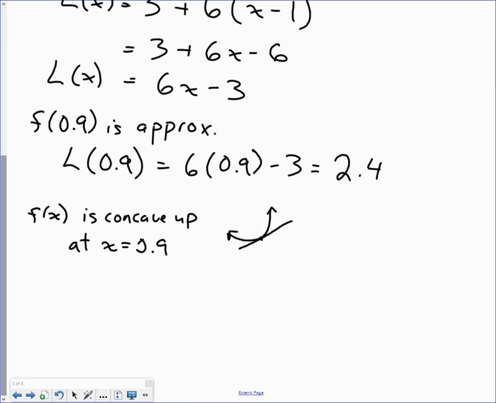So if the tangent line has to lie below the function, any approximation that we get from the linearization equation or from the equation of the tangent has to be lower than the y value that we would get from the function. So 2.4 has to be an underestimate of the true value.